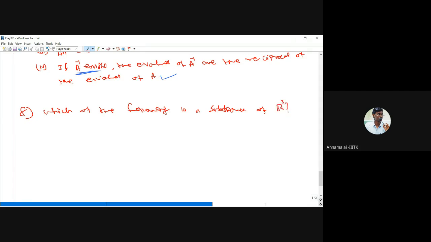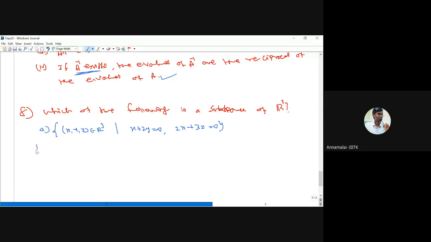First option: the set of all (x, y, z) in R3 such that x plus 2y equals 0 and 2x plus 3z equals 0.